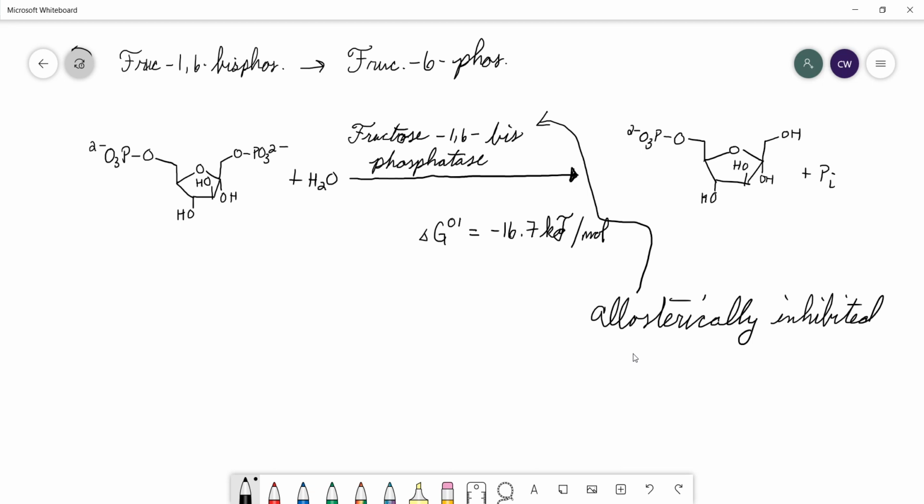By fructose 1,6 bisphosphate and AMP. It's accelerated by the presence of citrate.